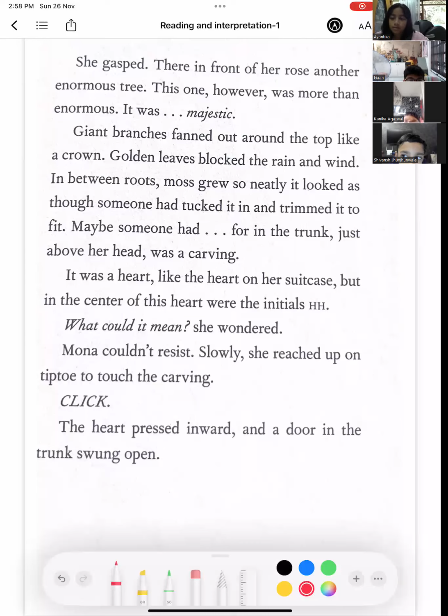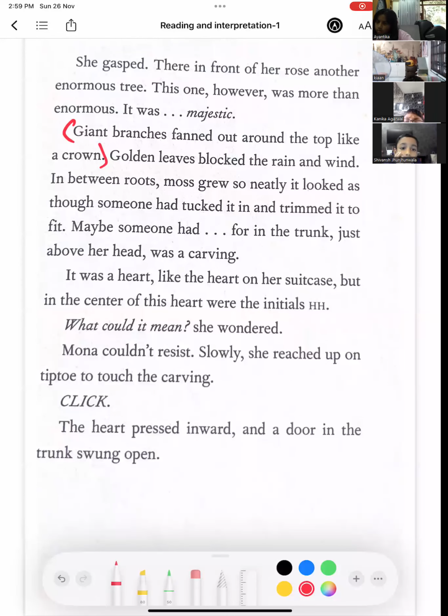All the verbs, if you identify, just pick out any verb, any sentence. A sentence is complete if it has a verb in it. We all know that, right? Every sentence is going to have a noun and a verb. So if you see any sentence, like: Giant branches fanned out around the top like a crown.